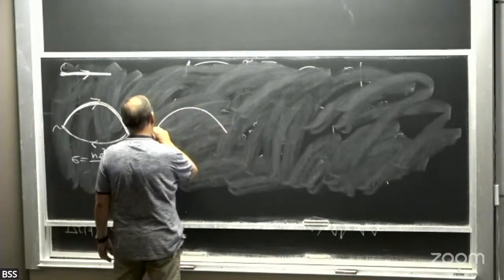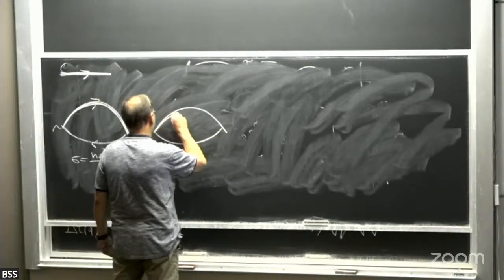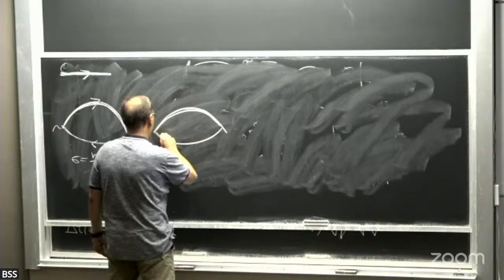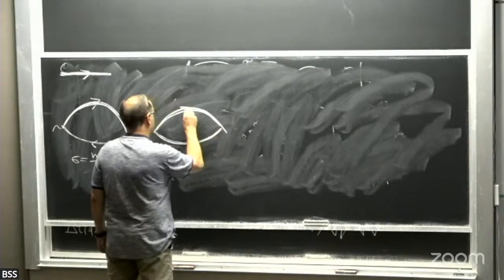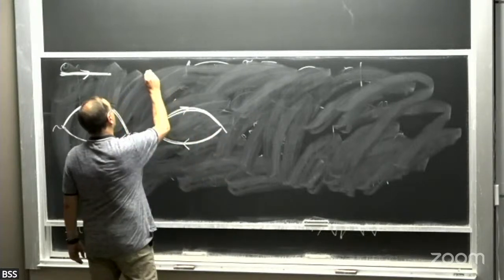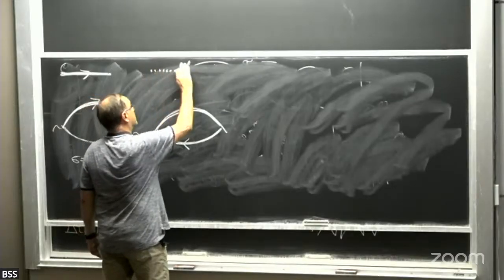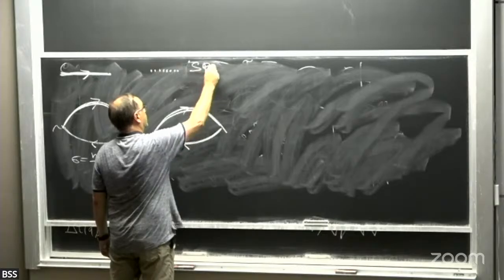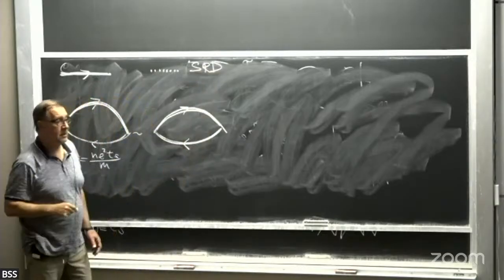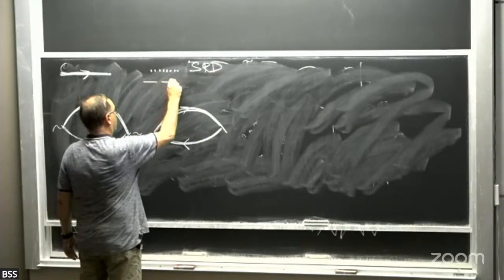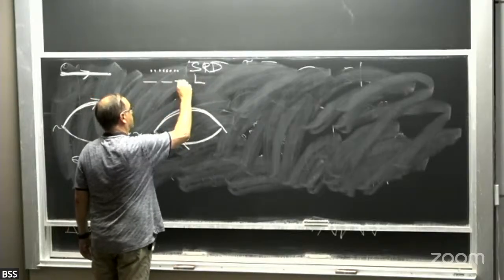Then I can add long range disorder in two possible ways. And now let me define the correlation function of short range disorder by a dotted line and long range by a dashed line. Okay.